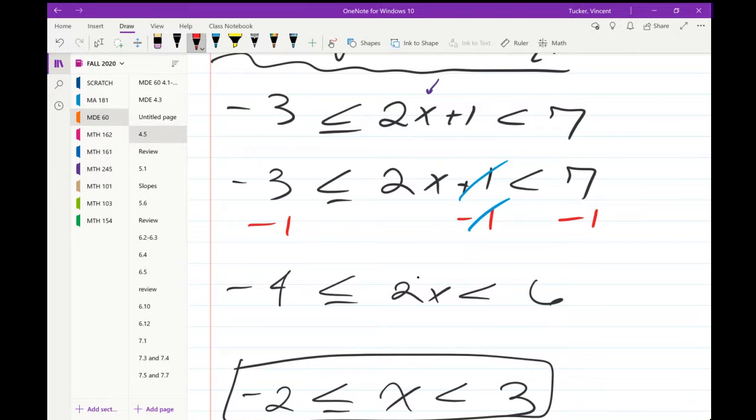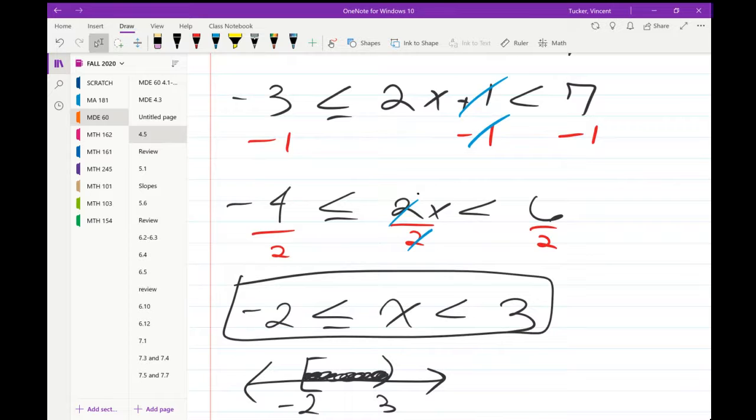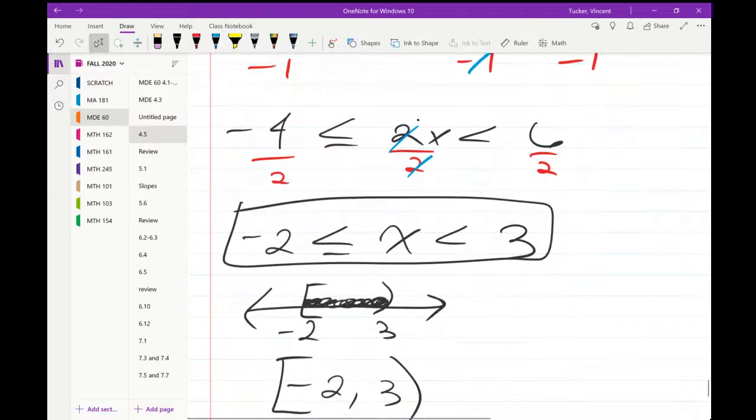Then from there, still trying to get x by itself, so we'll divide by 2. x is still in the middle. That leaves me with -2 on the outside and 3 on the other side. So I want the values that are in between -2 and 3.